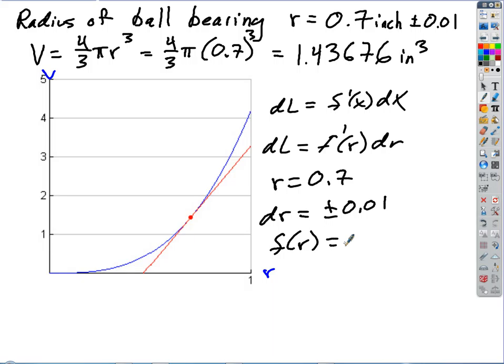Because in our case, the function that we're interested in exploring the variation in, right, is the volume function. We're trying to find how much the volume is changing, right? So f of r is just our volume function, 4/3 pi r cubed. Okay?